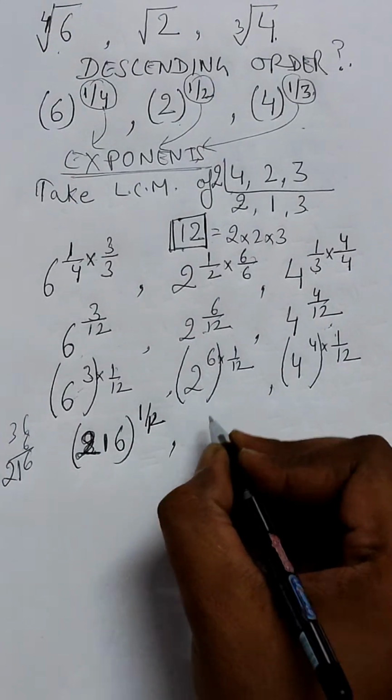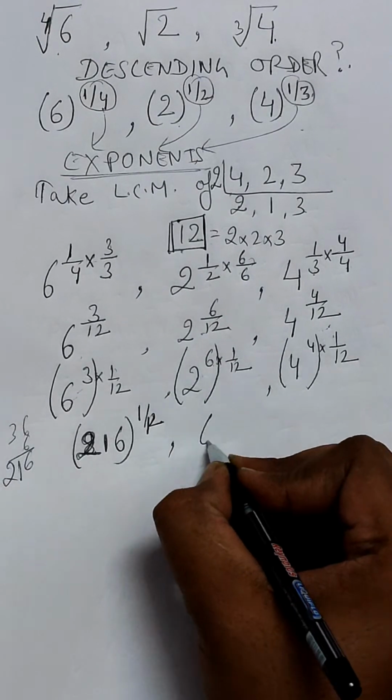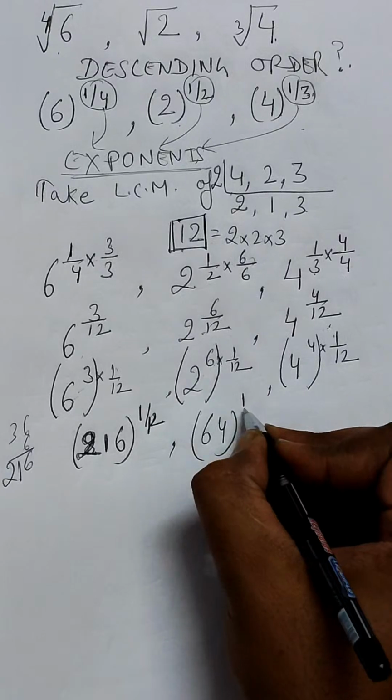The second number is 2 power 6, which will be 64, so 64 power 1 by 12.